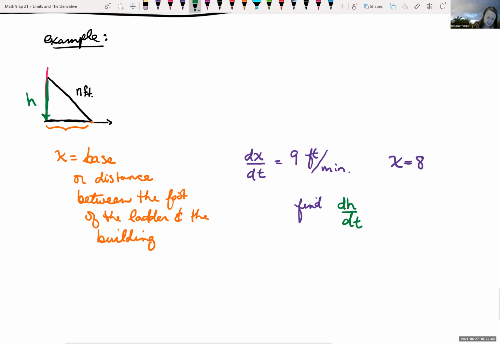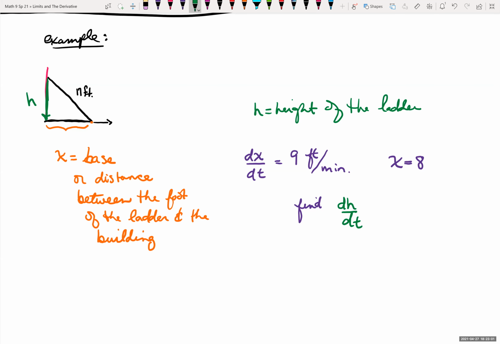Let us say that h is equal to the height of the ladder. So we need to figure out what that equation is. Well, a couple things that we can do. We can use the fact that this is a right triangle and the Pythagorean theorem.